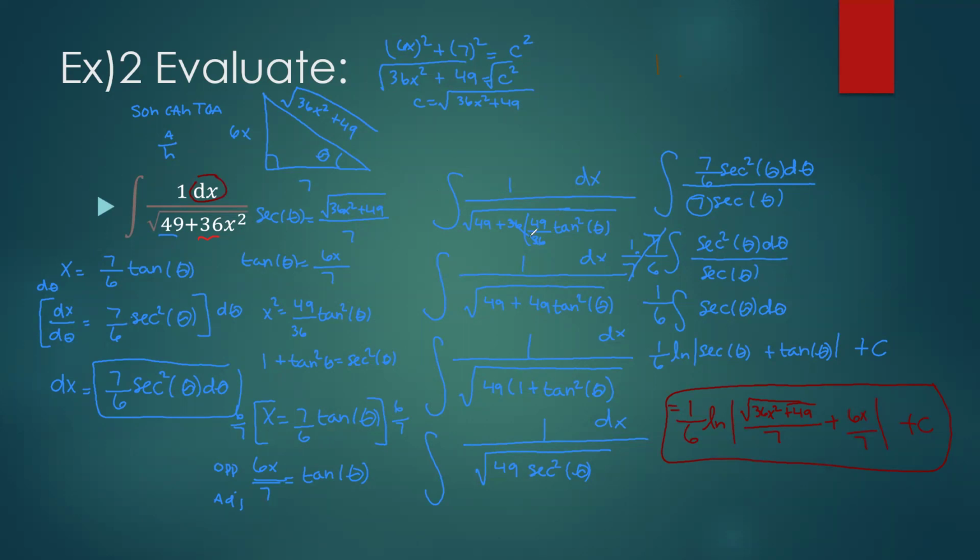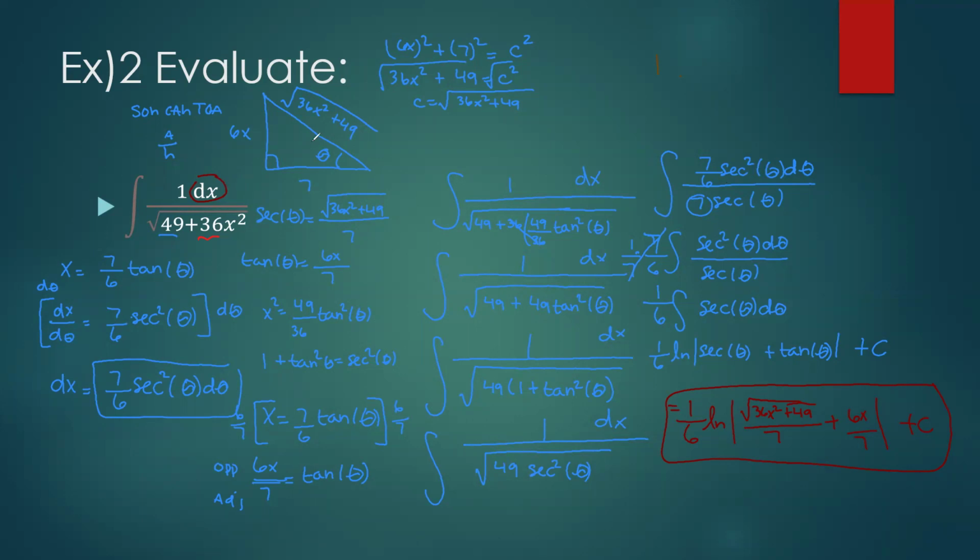And you just substitute it and then simplify it, and then use any of your Pythagorean identities, right? So I used 1 plus tan squared theta is equal to secant squared theta. So I simplify and then replace, don't forget to replace dx with 7/6 secant squared theta d theta. And then once you simplify it, take the integral. The last step is you're going to draw a triangle because we've got to put everything in terms of x.